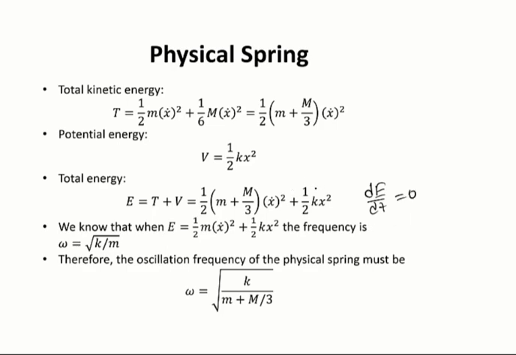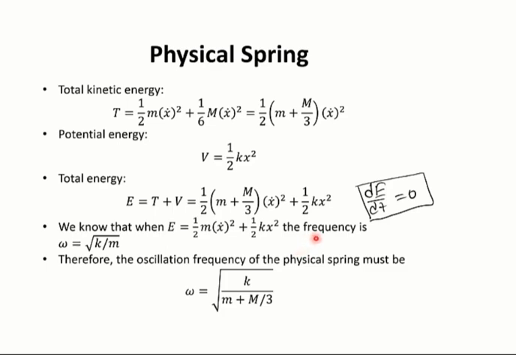So if you differentiate this thing with respect to time and put that equal to 0, you can find out the expression for the equation of motion of this physical spring. And from that expression, you can actually find out the angular frequency of this simple harmonic motion, okay?